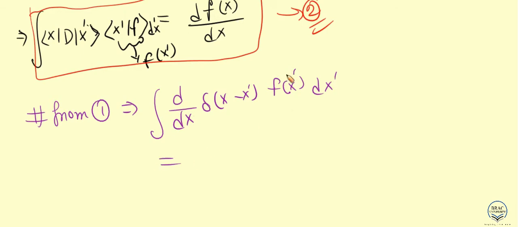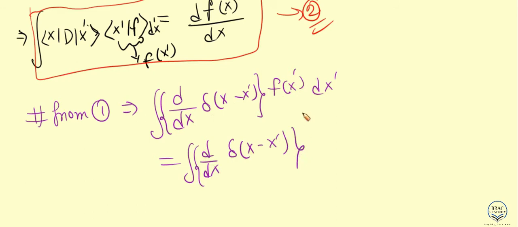But this f of x prime, you could write it as ddx of delta. Obviously this derivative operation is only acting on the delta function, not the x prime, so be sure to differentiate that. And this f of x prime can be written as x prime of f and dx, and this was our equation 1.